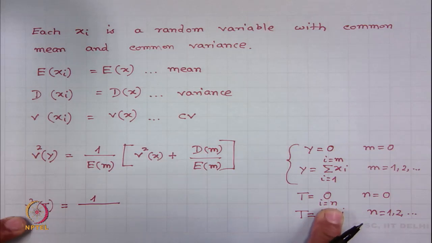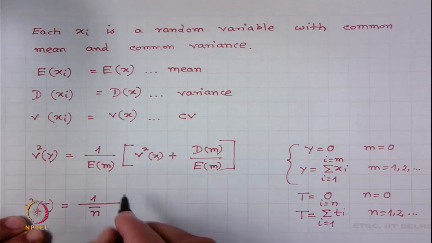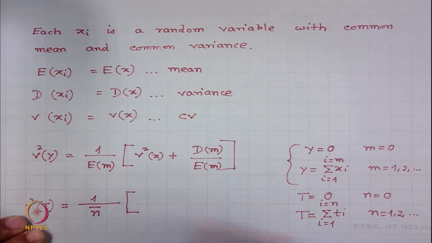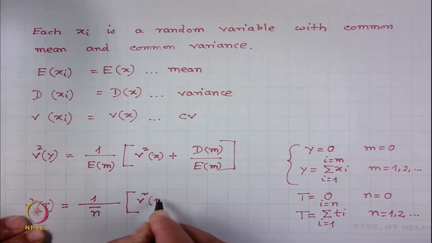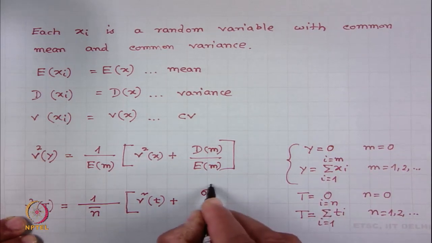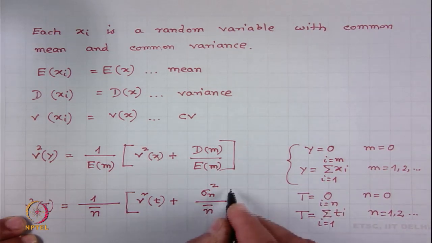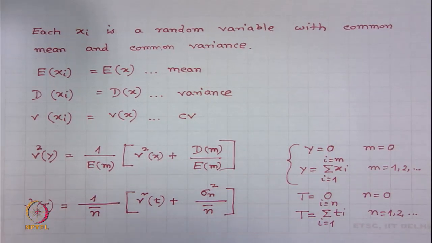Expectation of n is the mean of n, so n bar, into the square of CV of fiber fineness, plus variance of n divided by expectation of n, right.